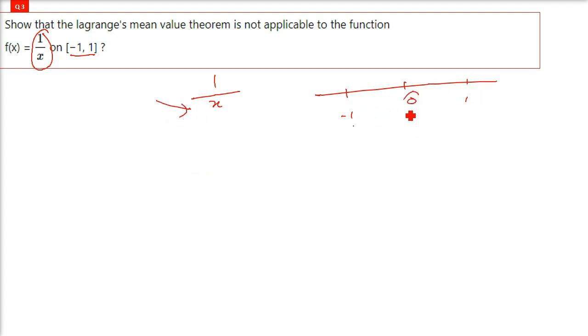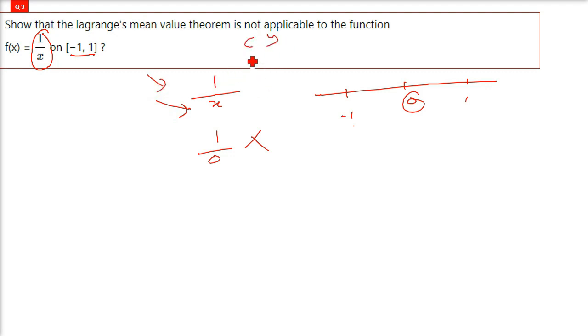But the problem is, when you have a 0 in the denominator, 1 by 0 is what? It's undefined. So the function is not even continuous. If it is not continuous, there is no point in going to differentiability, and there is no point in discussing Rolle or Lagrange's.